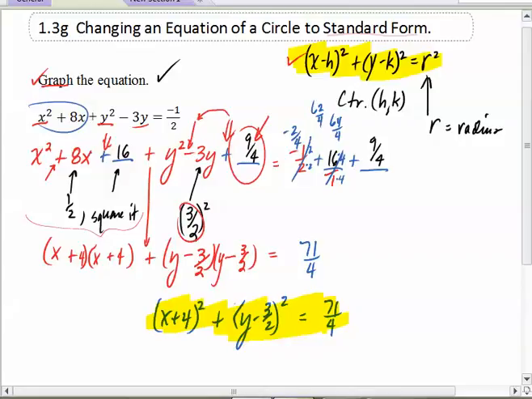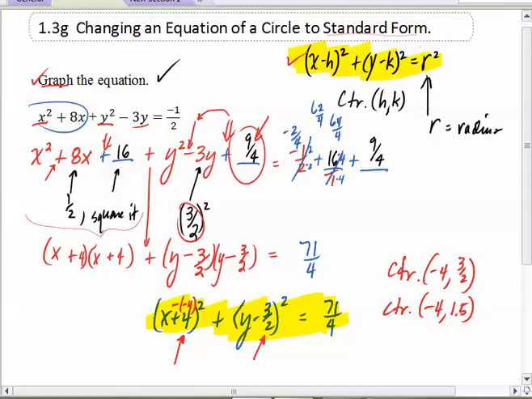Let's pull the numbers back off. So for the center, this right here is my h, k. However, this should have been a minus, so we know that that 4 would have been -4. So the center is -4, and then 3/2. Now, this 3/2 is really just 1.5, and when we graph it, I probably do want to leave it a decimal, right? So the center is just -4, 1.5.